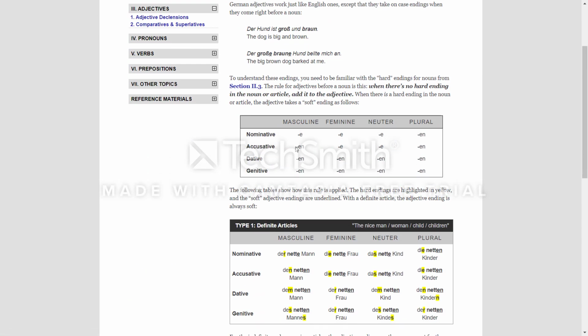For adjectives, we have a table of basic adjective endings. So we can use this table whenever the case is made explicit by the article. So to take the first row again, der makes explicit the case, masculine nominative, so there's no need for the adjective to deviate from the table spelling outlined here.